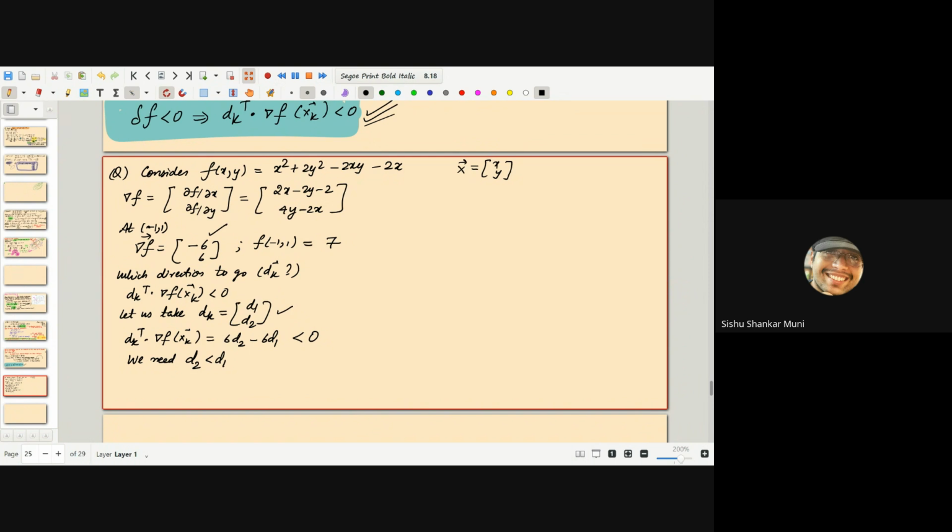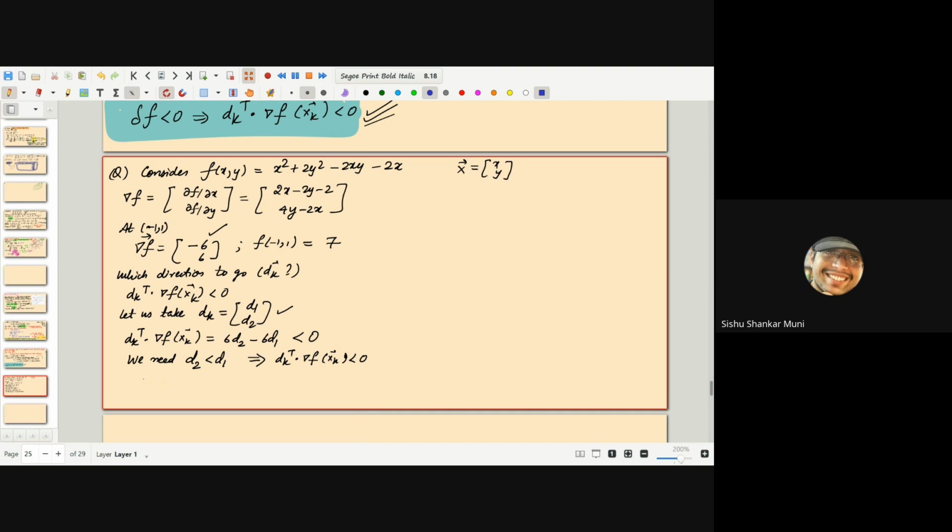Because we need d2 less than d1, because then that implies that dk transpose dot grad f at xk is less than 0. Okay. So therefore, this is one of the most important things in this whole module.